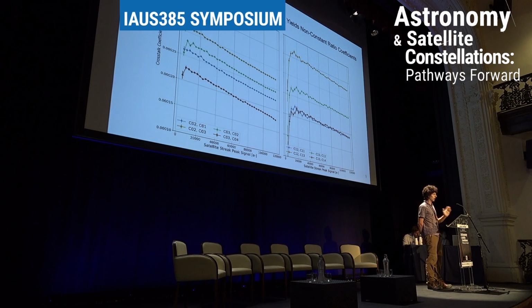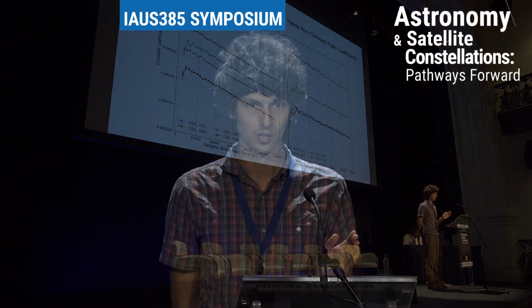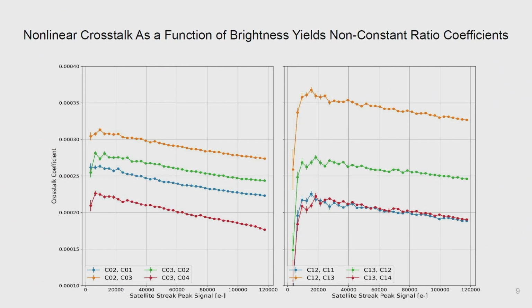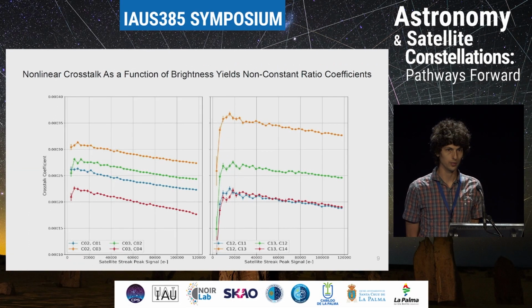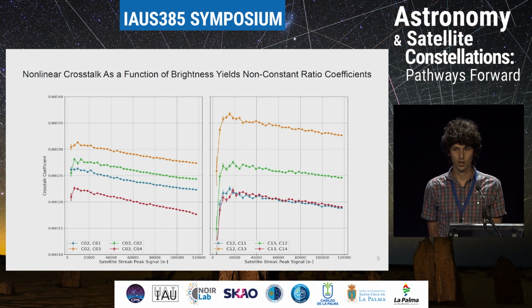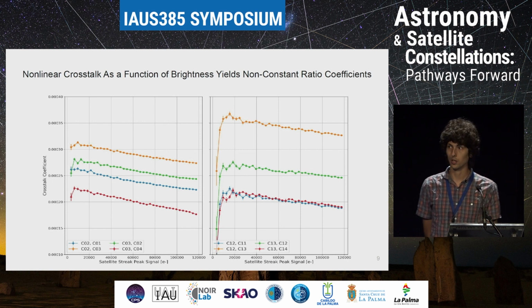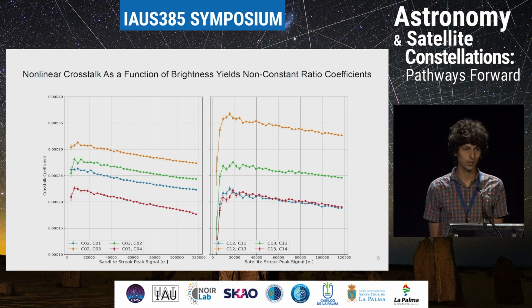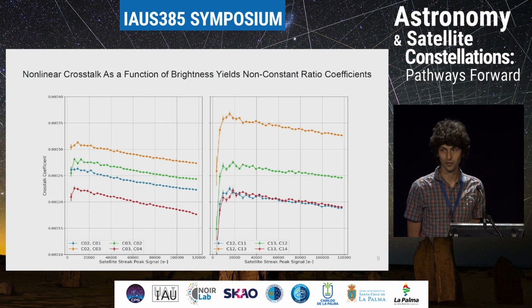As you scale that up, the ratio is not constant, which means our crosstalk is nonlinear. This is just 8 different amplifiers, and we need about 3 parameters for each amplifier pair. And as I said, there's 23,000 amplifier pairs. That's something like 5 million observations we need to do in order to calibrate this out on the whole camera. Fortunately, we think we'll probably be able to do that on the month time scale because we take a lot of data with this thing.